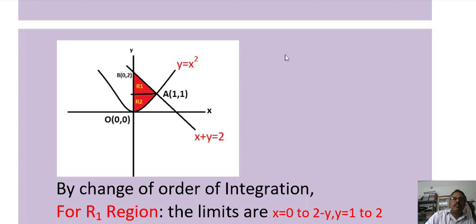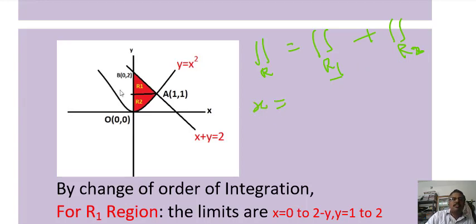Now the total integral over R is nothing but the double integral over R1 plus the double integral over R2. So now the total region is divided into two regions, R1 and R2. For the R1 region, what about the x limits?